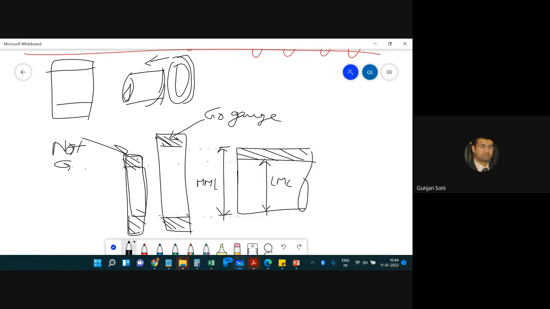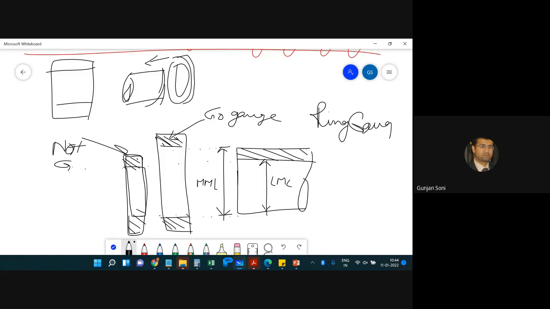So the lower permissible values of the dimension are going to be checked by the no go gauge, which is a ring type, it's a ring gauge, and if you are checking the size of the hole, it is a plug gauge. So ring gauge and plug gauge, I'm writing it.